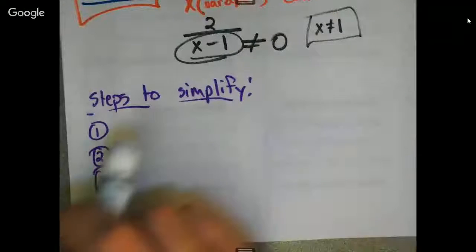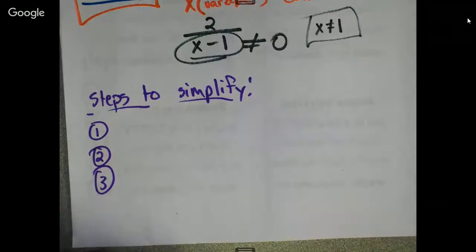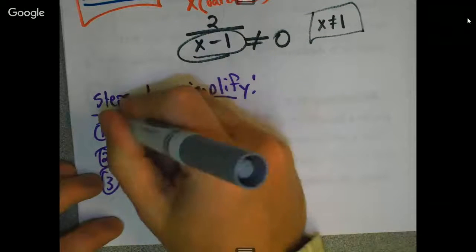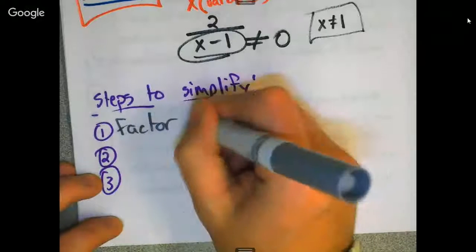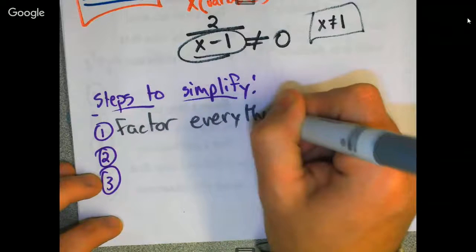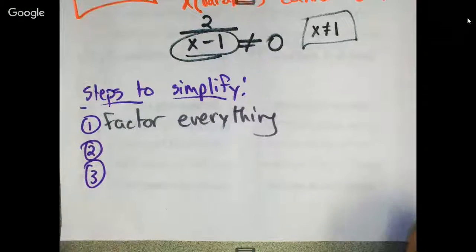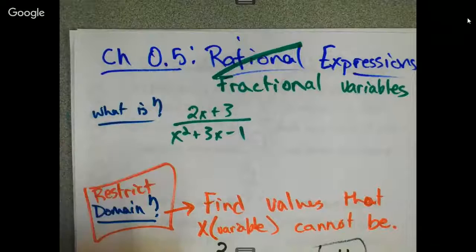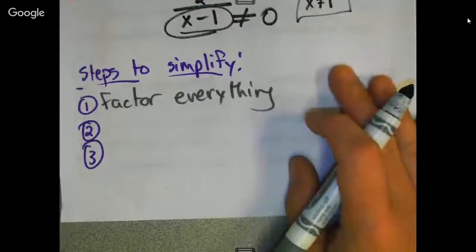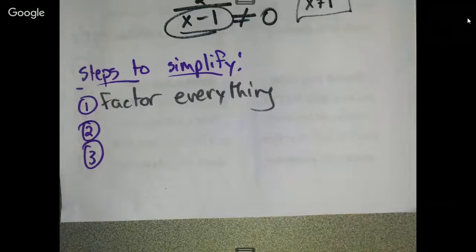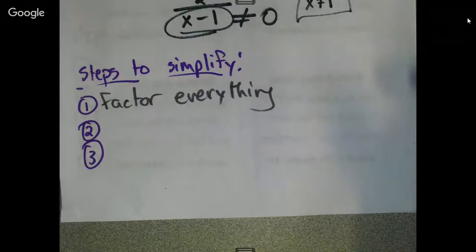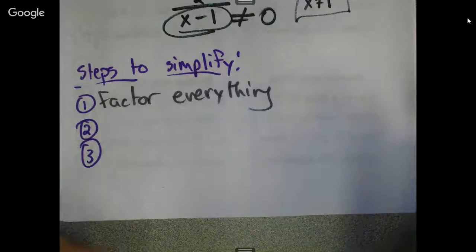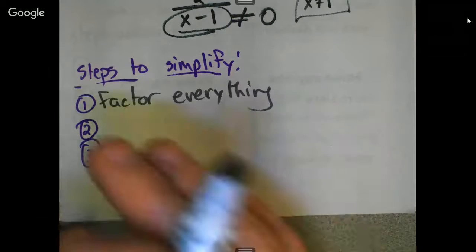So, steps to simplifying. Step 1 is factor everything. We come back up here, and you're going to factor the top and factor the bottom. That's pulling out the greatest common factor, and the special rules, whether it's a difference of squares or cubes, or the rainbow method, or whatever methods we talked about in 0.4.